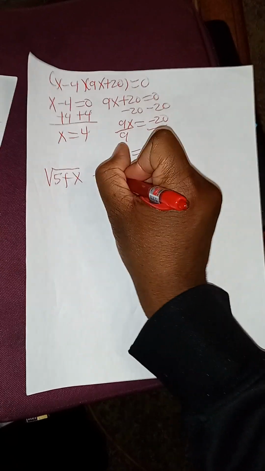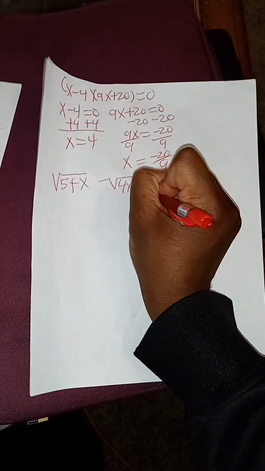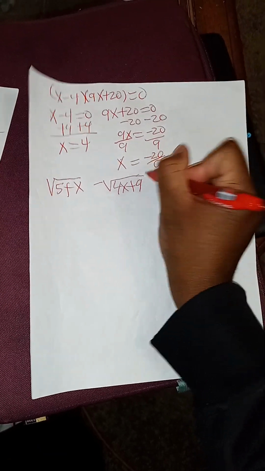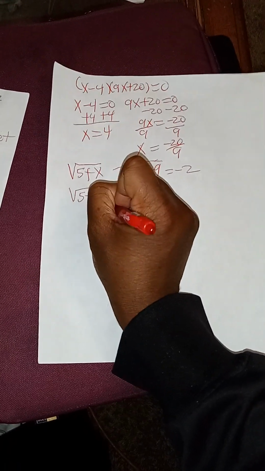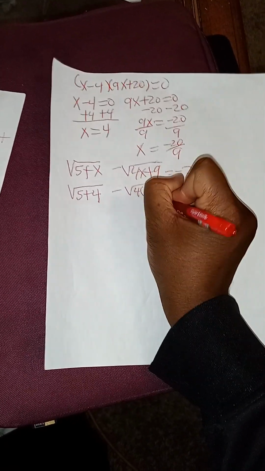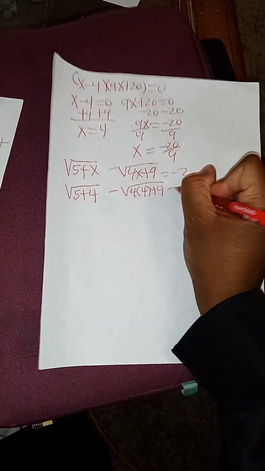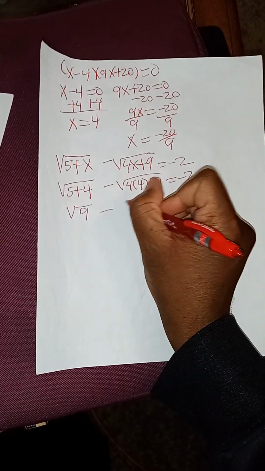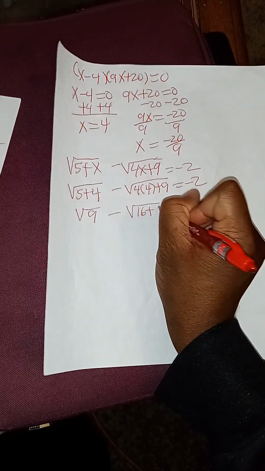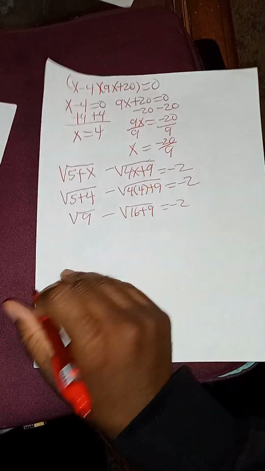So square root of 5 plus x minus square root of 4x plus 9 is equal to negative 2. So let's substitute 4 into the equation. So square root of 5 plus 4 minus square root of 4 times 4 plus 9 is equal to negative 2. Okay? So square root of 5 plus 4 is the square root of 9 minus square root of 16 plus 9 equals negative 2.